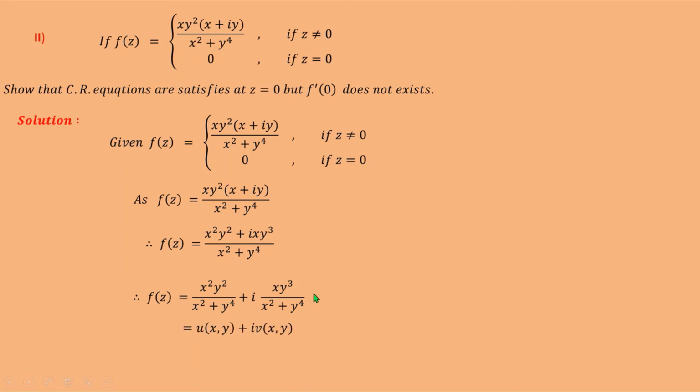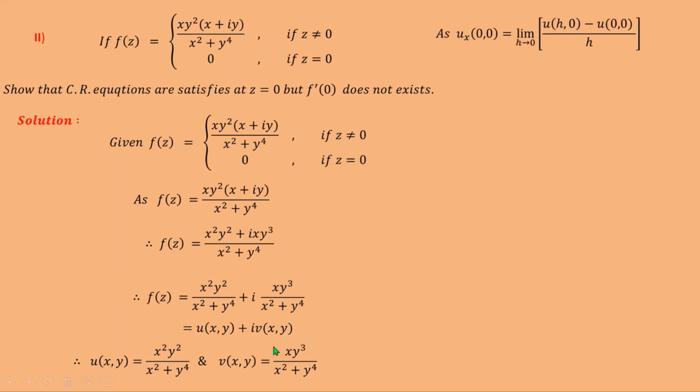Say this is u(x,y) and this is v(x,y), and so we get f(z) is equal to u(x,y) + iv(x,y), u(x,y) is x²y² upon (x² + y⁴), and v(x,y) is xy³ upon (x² + y⁴).